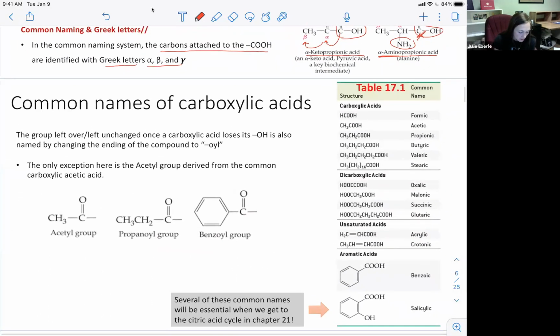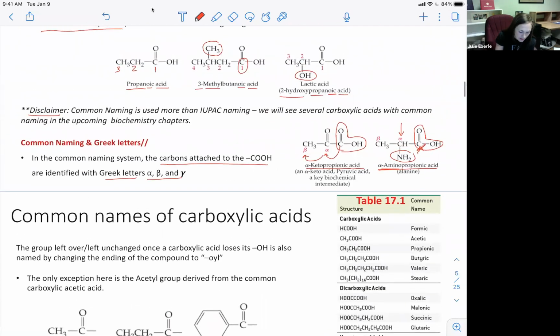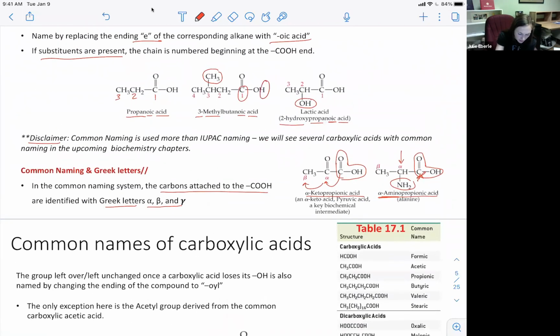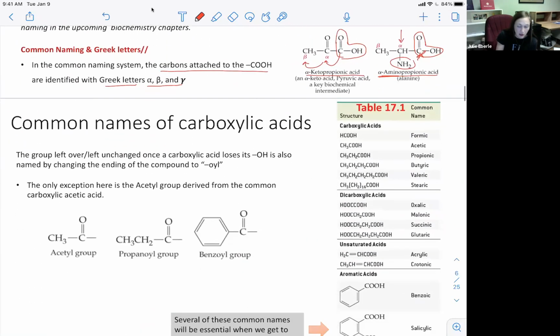Now, we said carboxylic acids can give away their hydrogens. They're acidic, right? It's specifically the hydrogen on the OH part. Well, they can also entirely lose their OH group. If they lose their OH group, now they can become a substituent on other molecules.